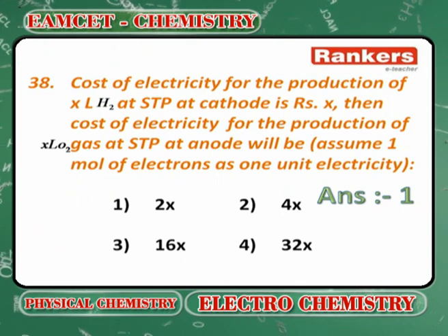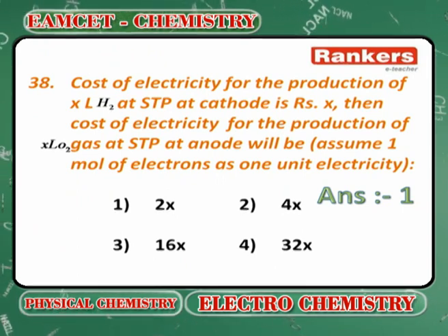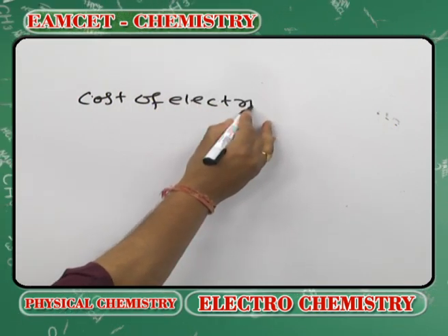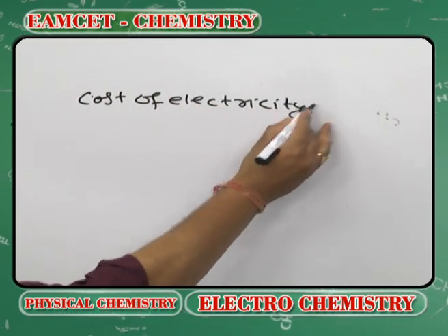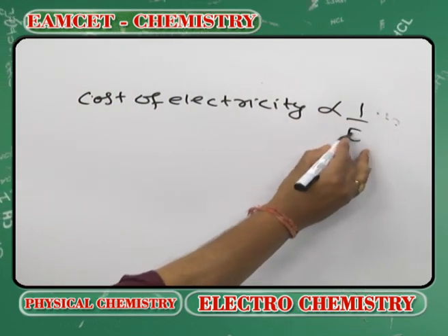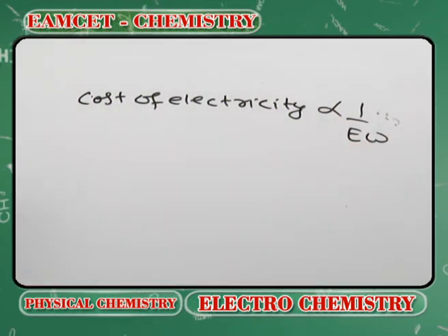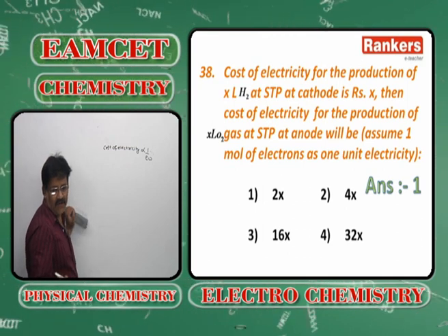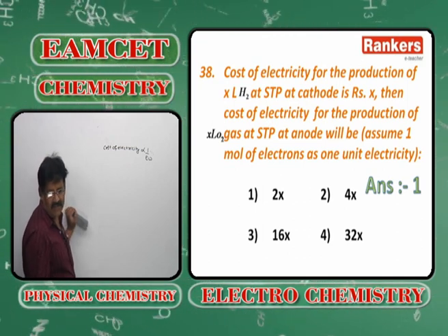Cost of electricity is inversely proportional to the equivalent weight. Now, what are the substances involved here? Hydrogen and oxygen.